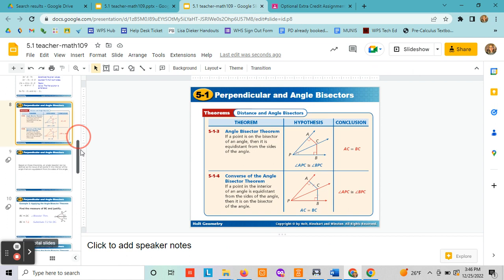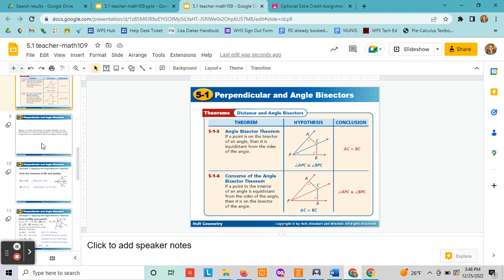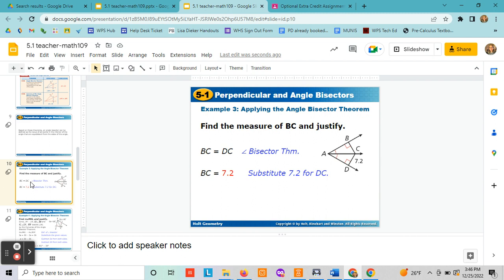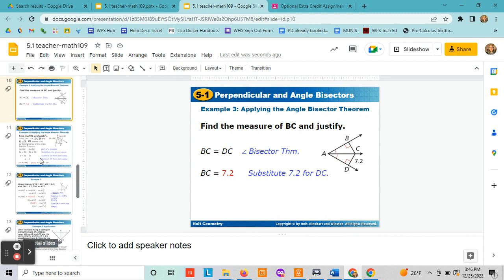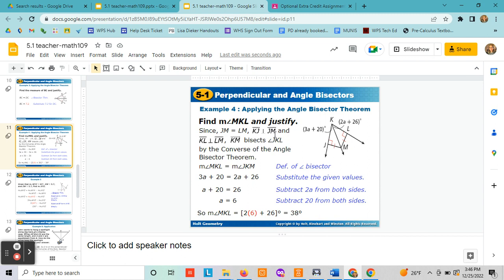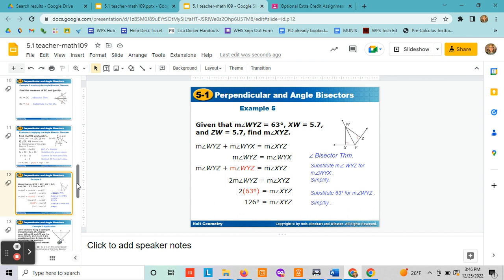I do something like that here where I start out with an easier problem with angle bisectors, and then I have a harder problem with angle bisectors and an even harder problem.